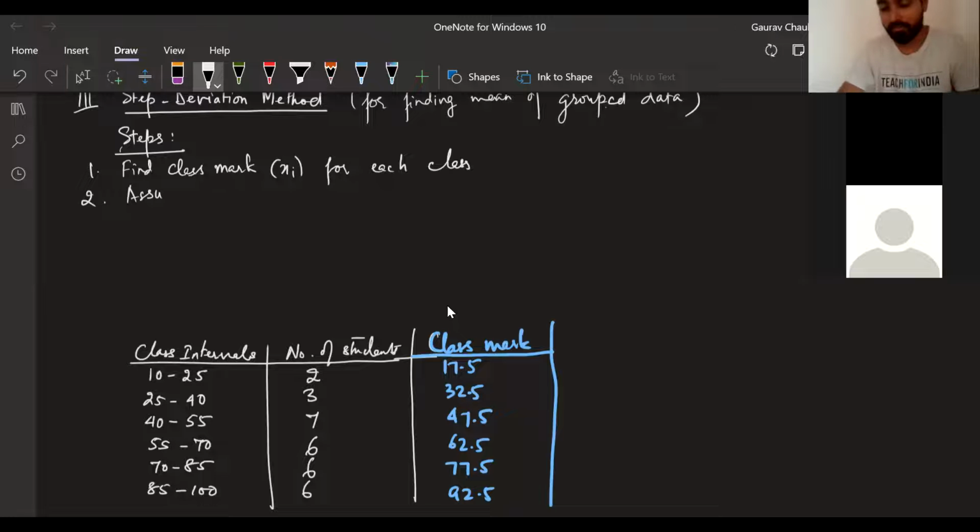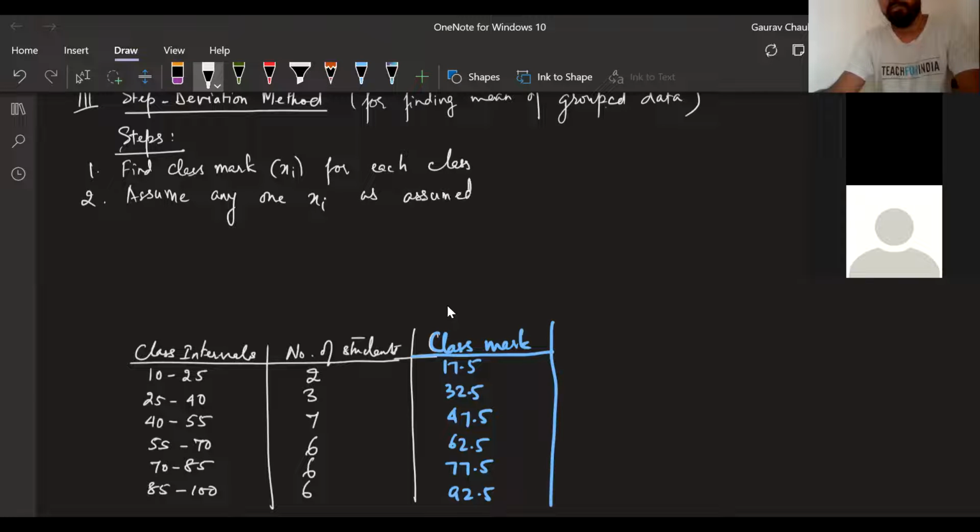All right, Bindu, I have written the first step. The first few steps are the same as the previous method, the assumed mean method, so I'm not going to repeat it. Find class mark xi for each class, and then you're going to assume any one xi as assumed mean.